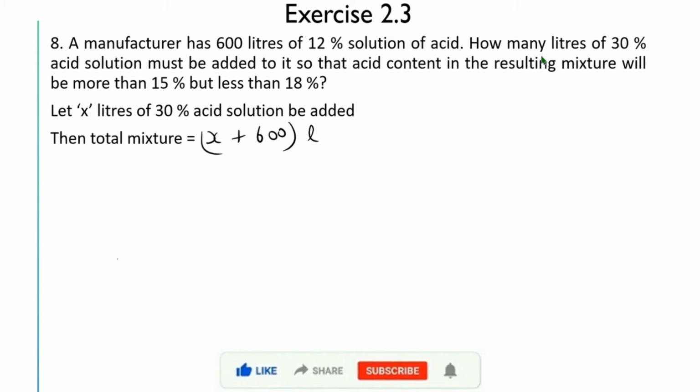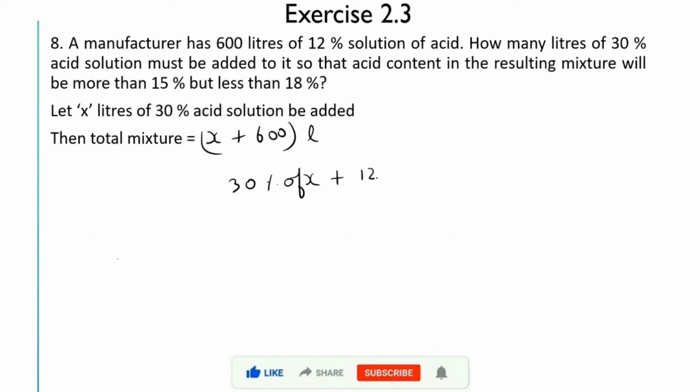So they have asked how many liters of 30% acid solution must be added. So we have 30% of x plus 12% of 600.